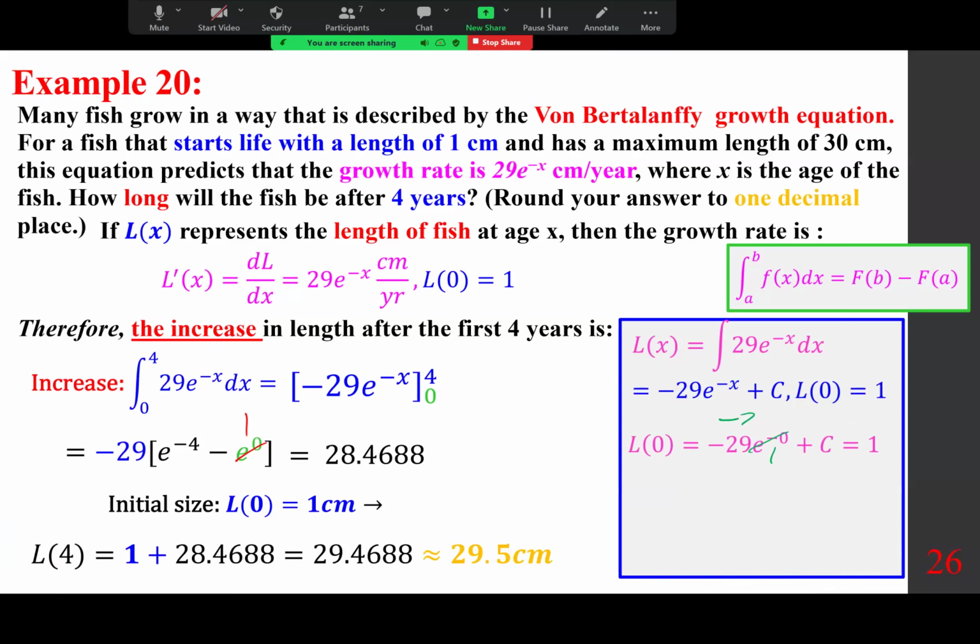This is 1, so negative 29 added to what number to get 1? The answer is 30. We want after 4 years. So all you have to do, plug it in here, and that gives you the same answer as this one. Of course, we do the rounding accordingly.